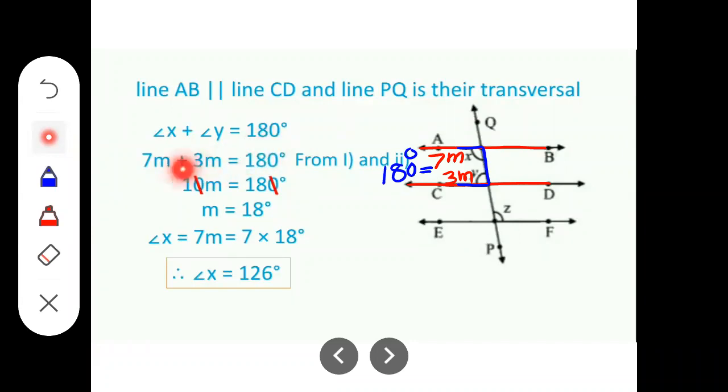Now put the measurements. X we know is 7m, Y we know is 3m, equal to 180 degrees. Now add together: 7m plus 3m, that is 10m, equal to 180 degrees.